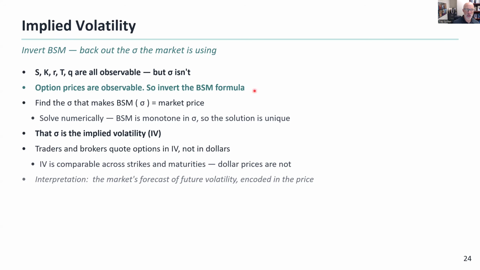That is, we're going to solve for the sigma, the volatility that makes the Black-Scholes-Merton model equal to the market price that we observe. It's a numerical solution, right? And that's what we call implied volatility. So all the sigmas that we talk about when we talk about Black-Scholes-Merton models is implied volatility.